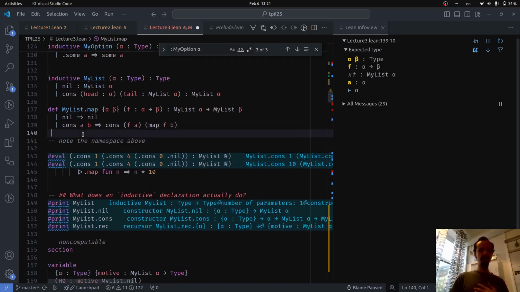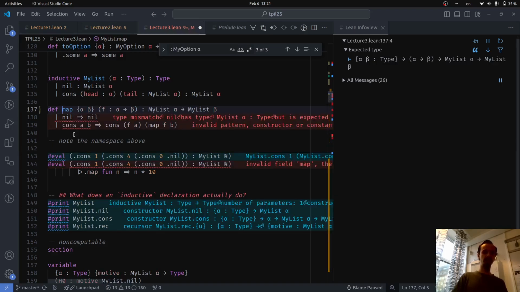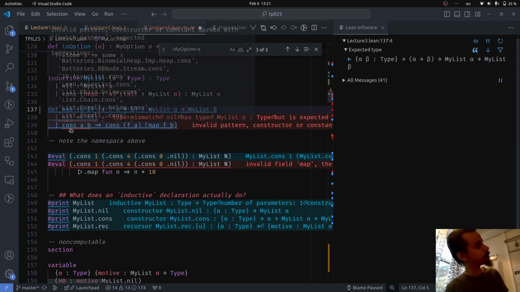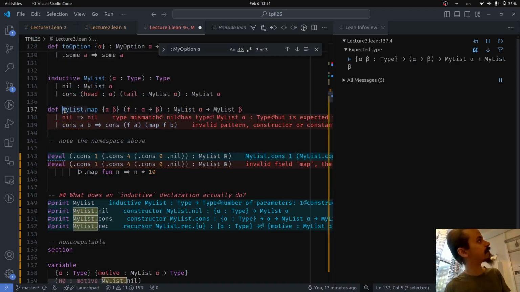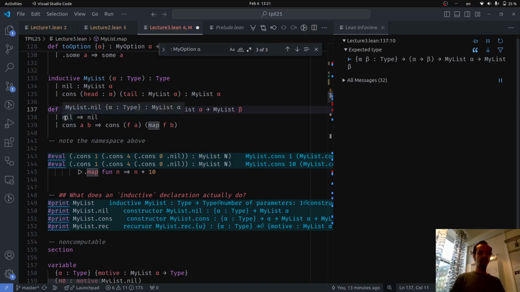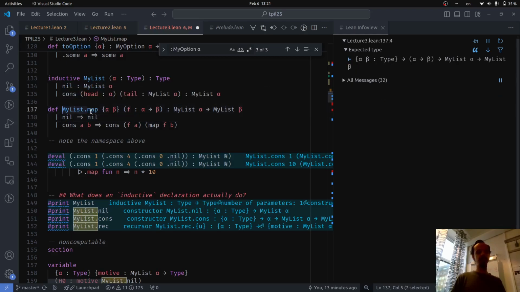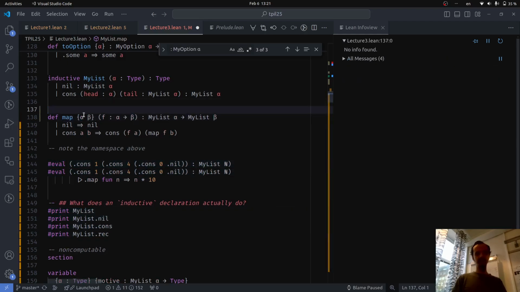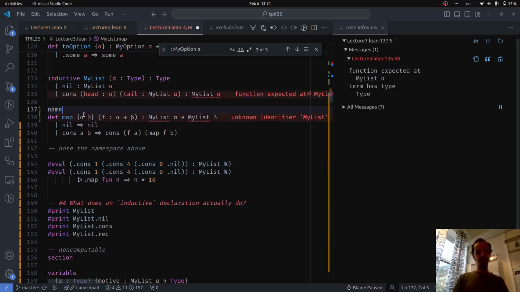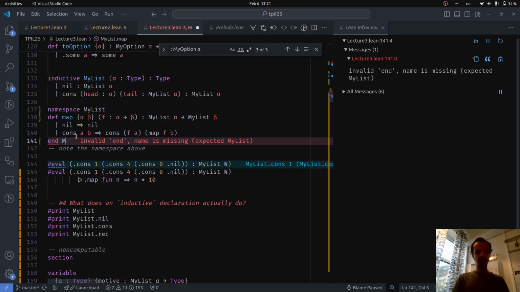And after having done so, I should mention another thing about this namespace, which is actually load bearing here. You'll notice that it doesn't type check if I don't say the namespace, and you'll be like, whoa, why is that happening? This is again because of name resolution. Here nil is in my list namespace, and when I write my list.map, it's basically equivalent to saying namespace my list around this definition.